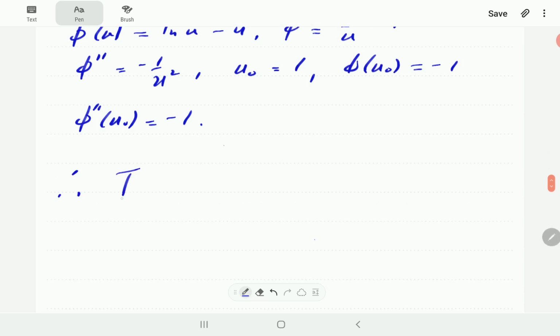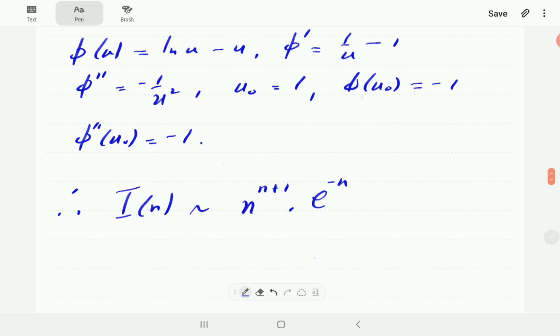So if we plug this into our formula for Laplace's method, which is going to have n to the power n plus 1, then this is going to be e to the minus n, being phi at u naught times the parameter which is becoming big, which is n, and then the square root term is going to be 2 pi over negative n times negative 1.